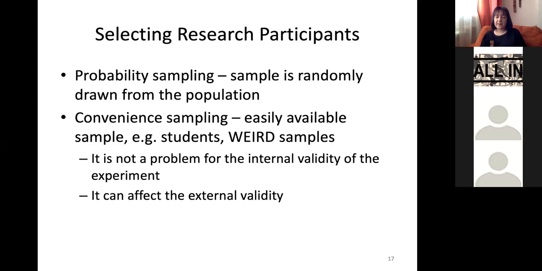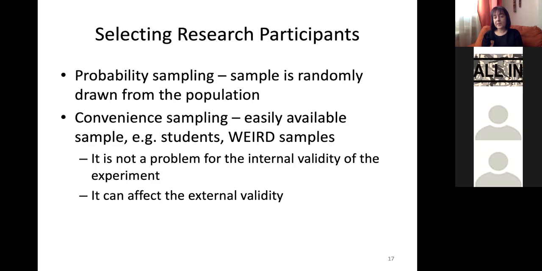And in fact, convenience sampling is not a problem for the internal validity of the experiment. So it is not a problem of being able to find the effect of the independent variable on the dependent variable. It is a problem concerning the external validity of the findings.